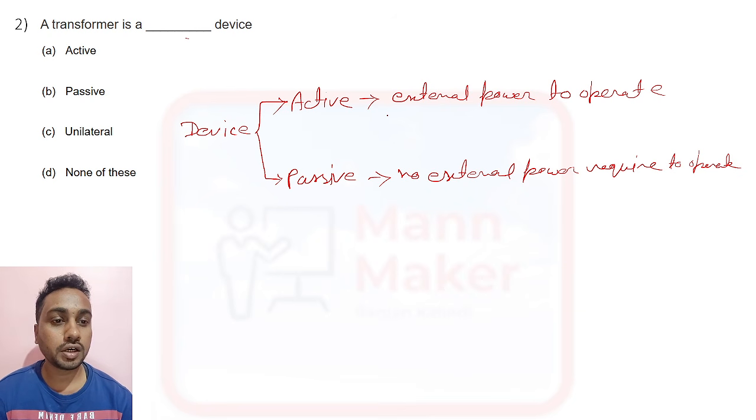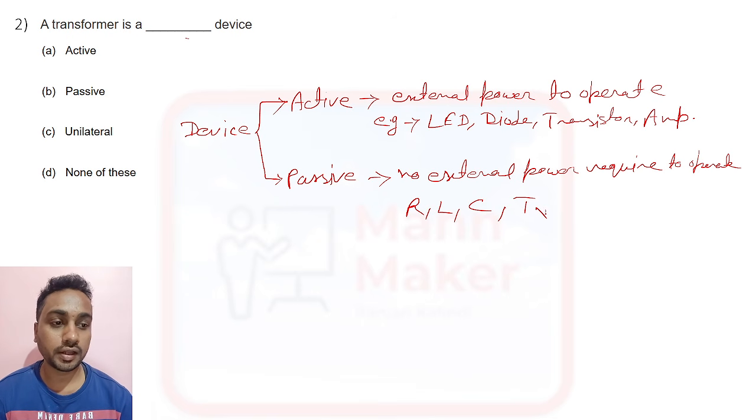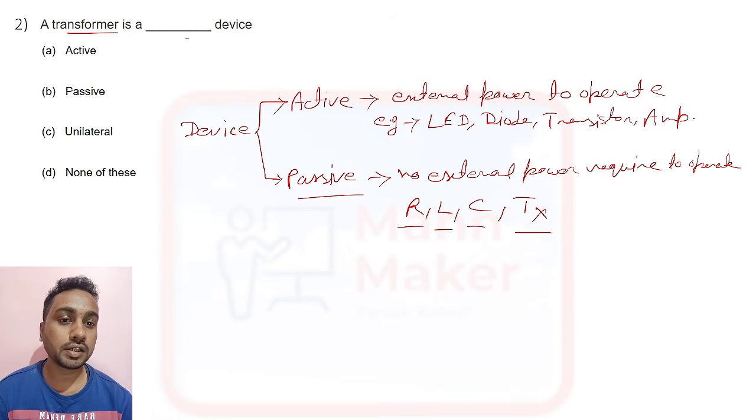Examples of active devices are LEDs, diodes, transistors, and amplifiers. Passive devices are L, C and transformer. Resistor, inductor, capacitor and transformer are passive elements or passive devices. So here the transformer is a passive device. Option B will be the right answer.